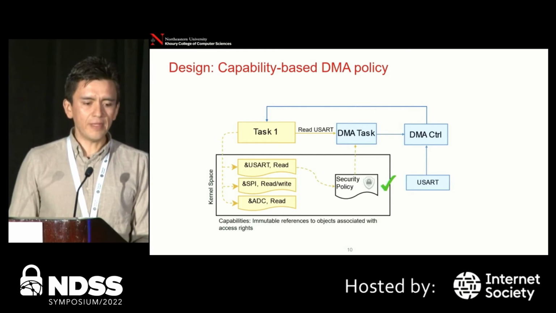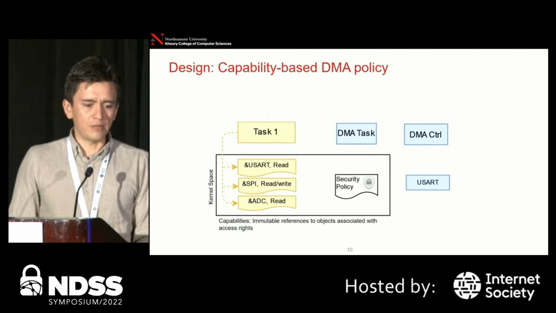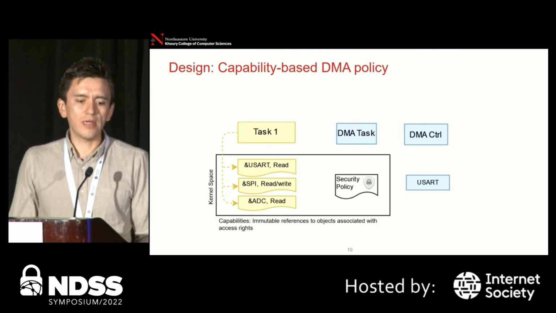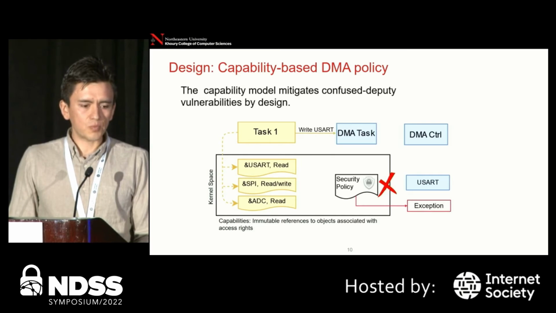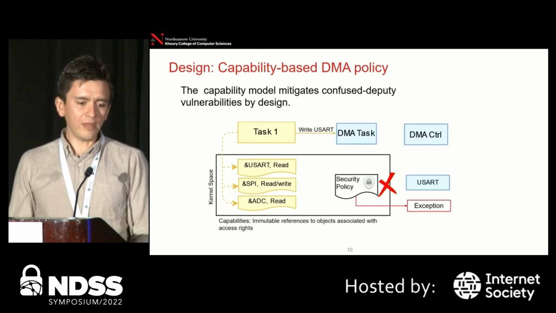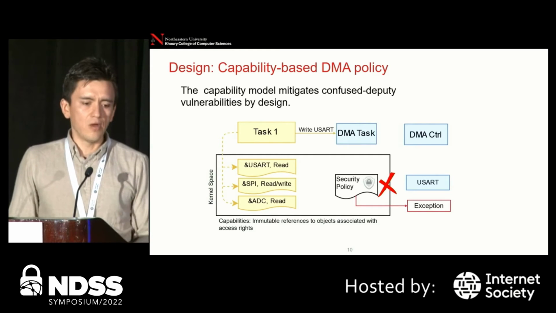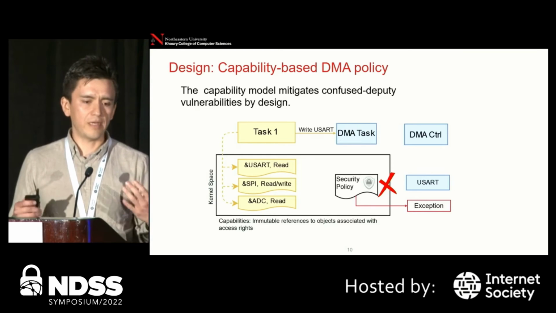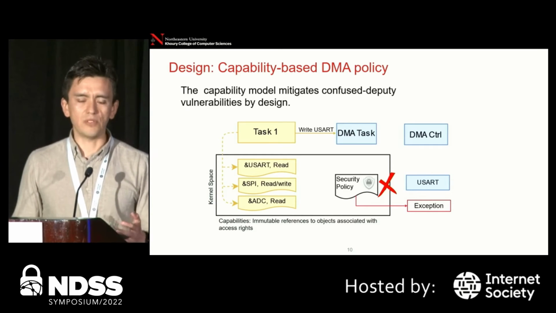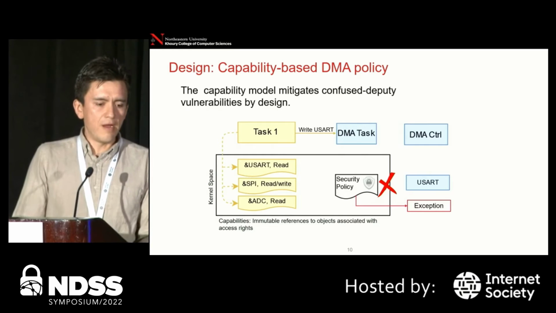On the other hand, if task number 1 requires to write on the user peripheral through DMA, then the security policy validation will fail, and in this case, DBox is going to handle this exception with the procedures that we also define here.